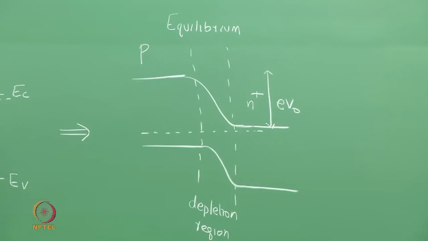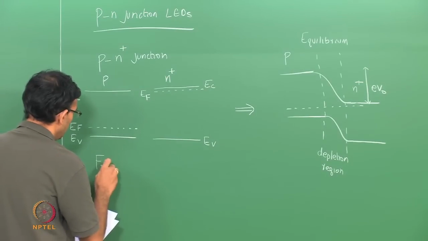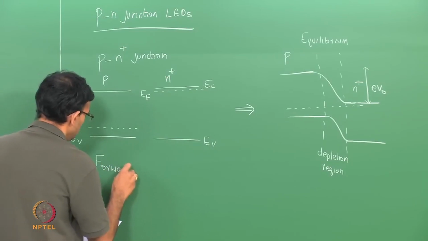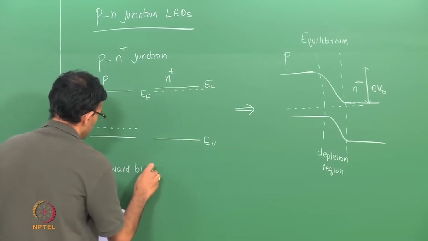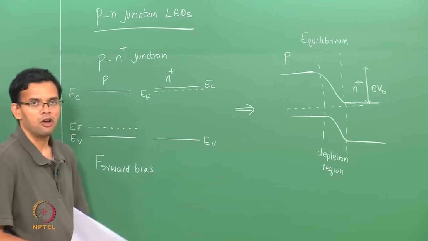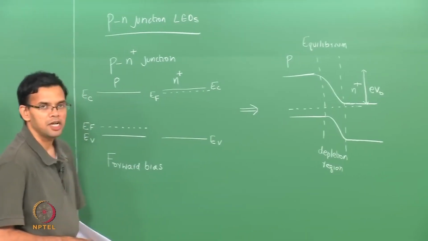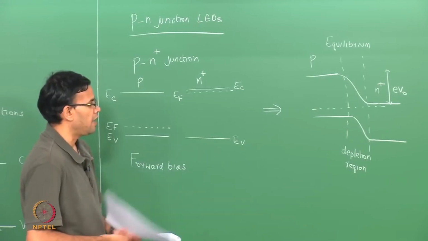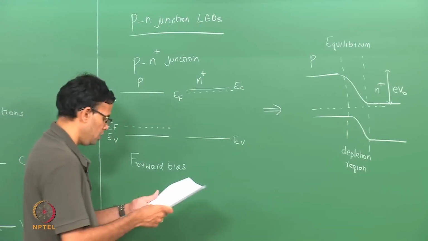We can forward bias the p-n junction. In this particular case, if we forward bias the junction, we would reduce the contact potential so that we inject the minority carriers on both sides.